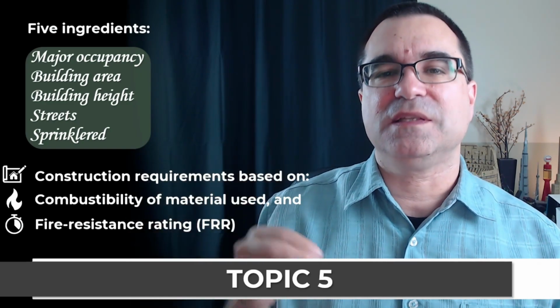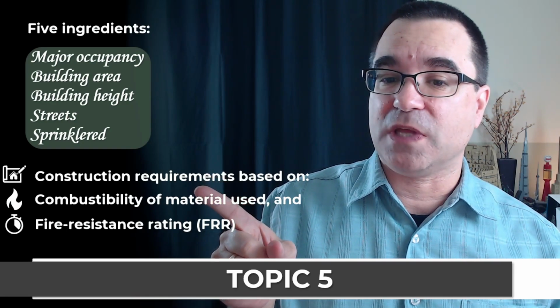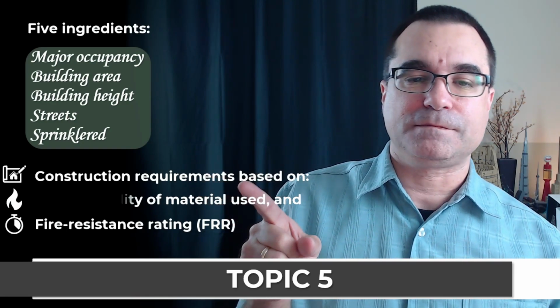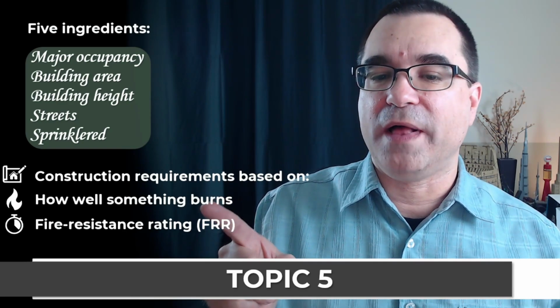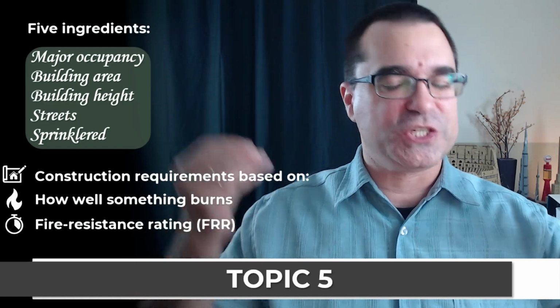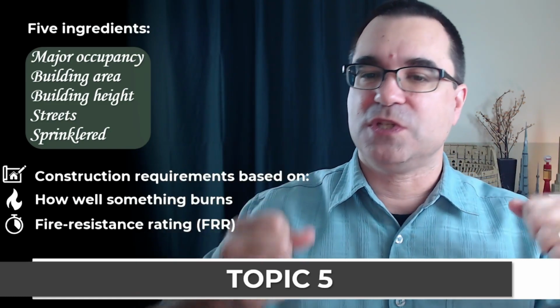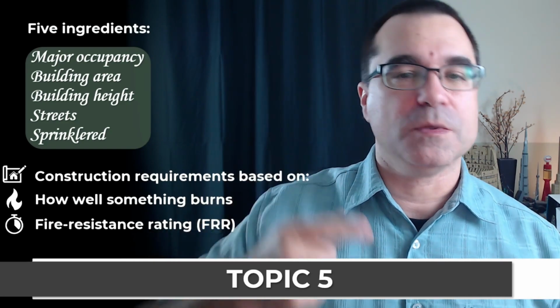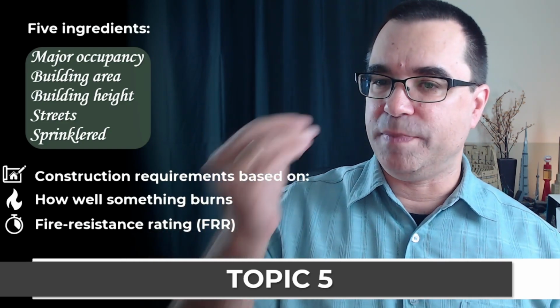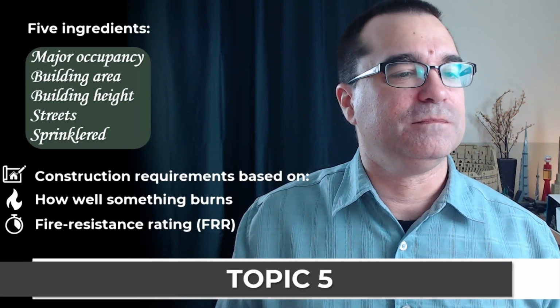The content of each article contain the construction requirements for that building that are based on how well the contents of that building burns, or the construction of that building burns. Okay, so whether or not you're using combustible or non-combustible material to build that building, the structure of that building, if you will.